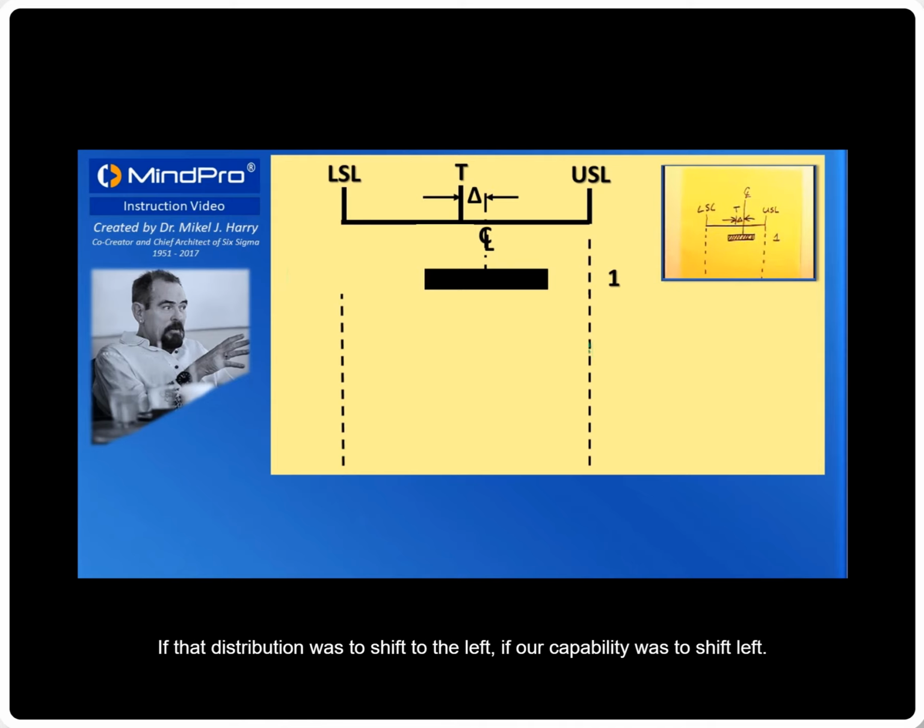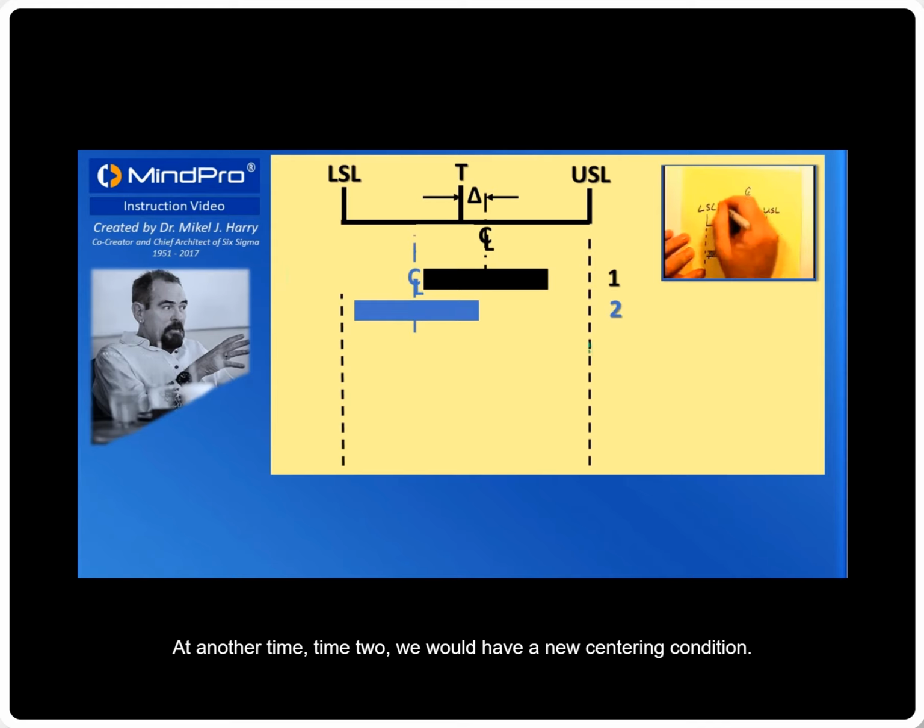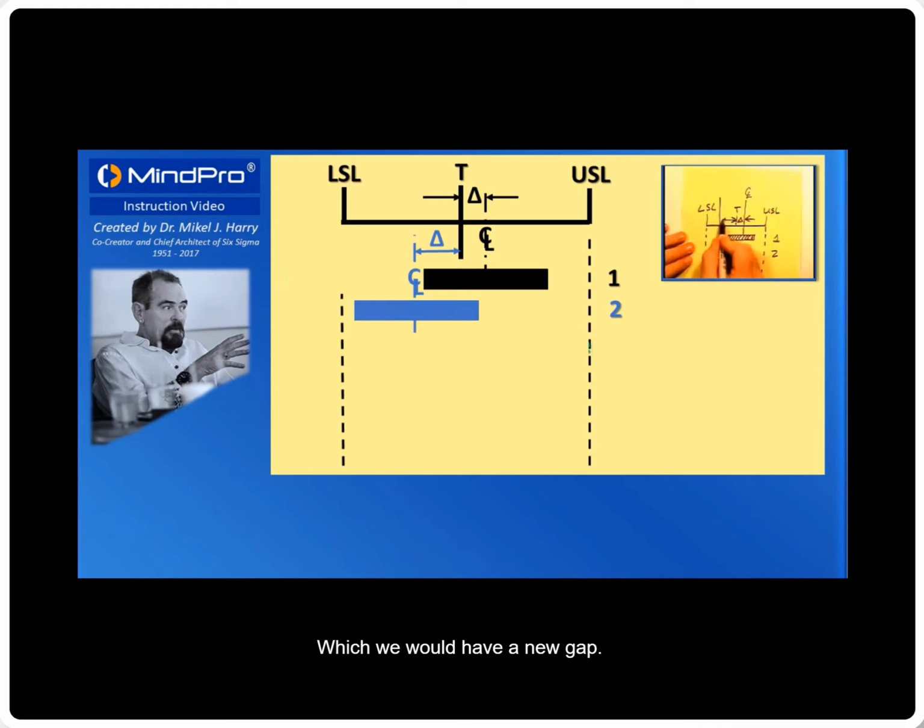If that distribution was to shift to the left, if our capability was to shift left at another time, time 2, we would have a new centering condition, which would give us a new gap.